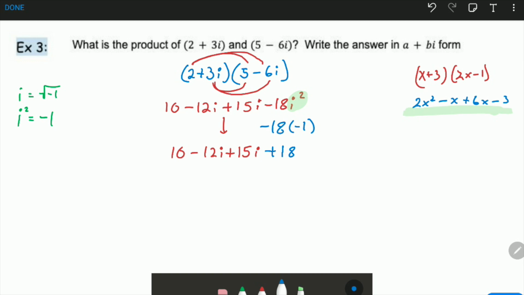So instead of subtracting 18i squared, it's really adding 18, because i squared is negative 1. And then after that, we just have to combine like terms. So 10 and 18 make 28, and then negative 12 plus 15 makes 3i. And there we have it.